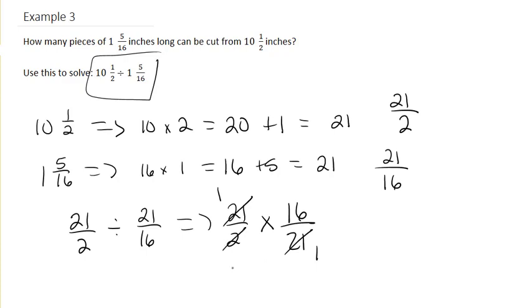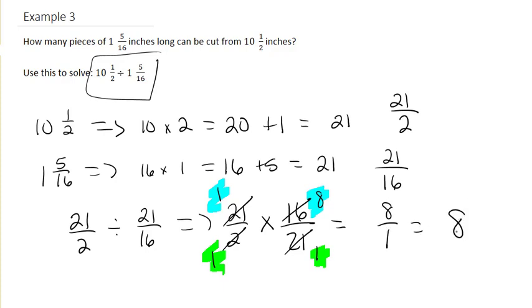Then this 2 is a factor of 16, so we can cross out 2, and that becomes 1, and 16 divided by 2 is 8. So we're left with 1 times 8 over 1 times 1. We're left with 8 over 1, which is just 8. So 8 pieces can be cut. And that would be our final solution.